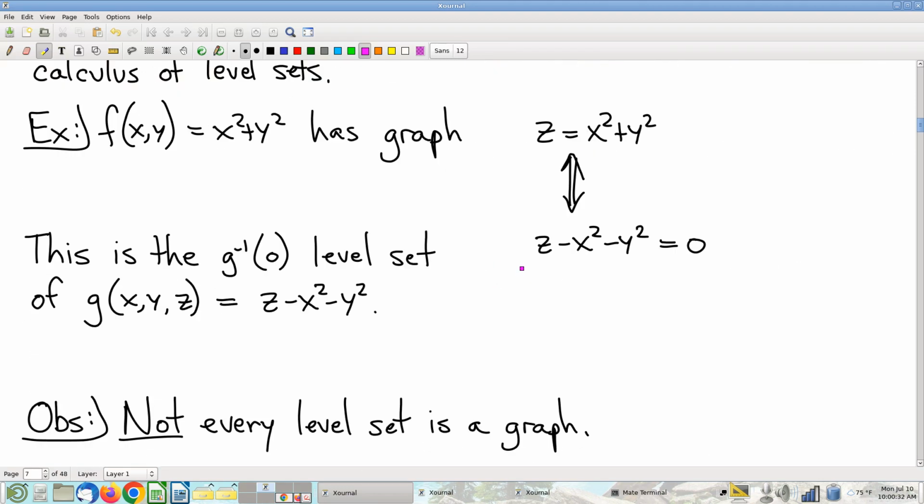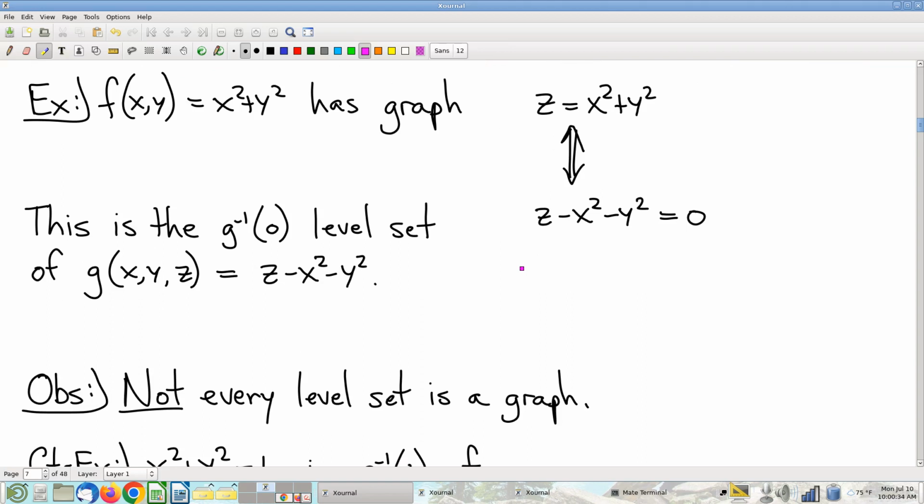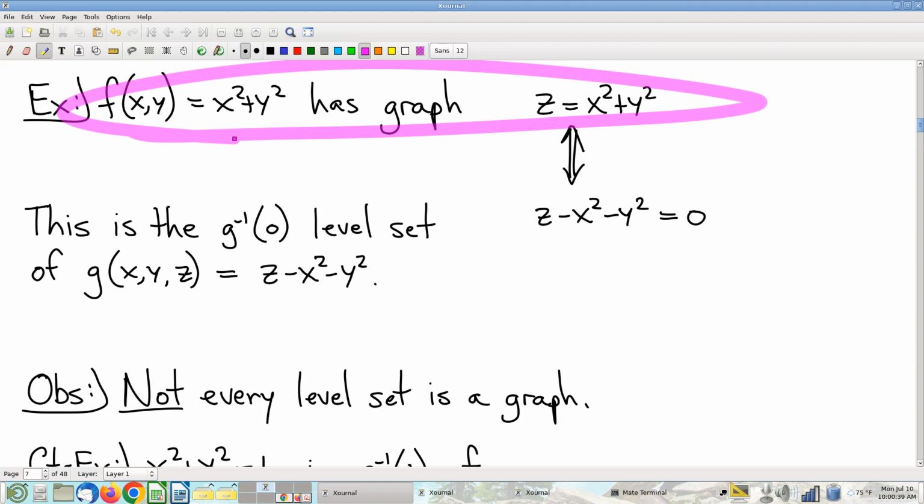Example. Suppose I'm interested in this graph. The question is stated, let's suppose, as, hey, let's study the graph of f. And the question you find yourself wanting to deal with is something where the calculus of level sets is going to be useful. I know we don't know any calculus of level sets yet. We will pretty soon. But if the calculus of level sets is what I need, this is not at all helpful because I'm not looking at a level set of that function.